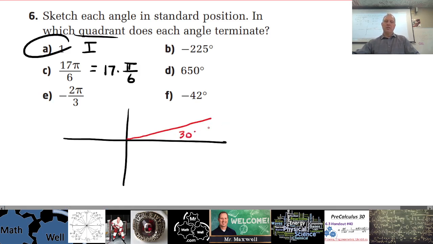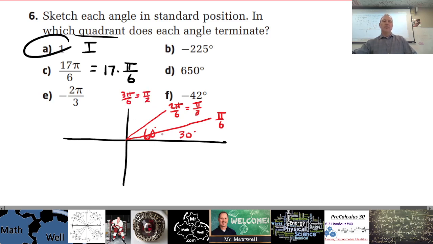A second pi over 6 is 60 degrees. This leads well into our lesson today, guys. So this is 1 pi over 6. This is 2 pi over 6, that reduces to pi over 3. This is 3 pi over 6, simplifying to pi over 2.